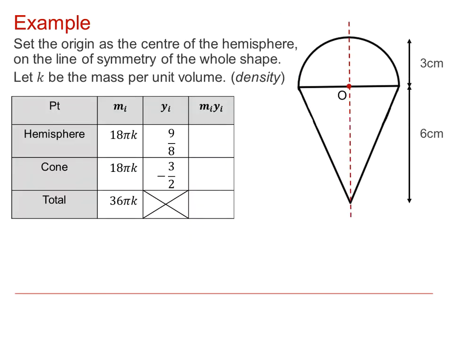You'll see here the fact that the cone center of mass is below O and the hemisphere is above means that we need to make one of them positive and one negative. So I've chosen here to make the hemisphere positive and the cone a negative distance. Once we've done that, usual procedure, calculate Mi Yi and the total, and then Y bar will be the sum of MiYi divided by the total mass, so the sum of Mi.